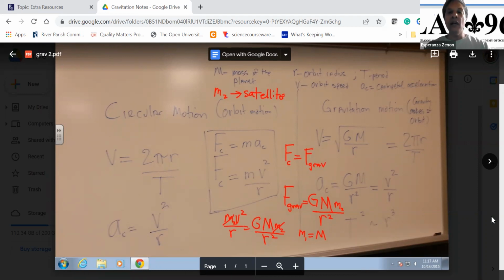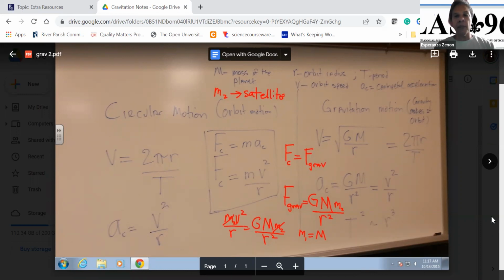On Tuesday, I introduced you to 3 of Kepler's laws, and the very last one, Kepler's third law, I told you was what Newton used to help figure out the gravitation relationship. Okay, and so that last one, the period squared is proportional to the radius cubed, comes right out of Kepler's third law. So now you have the connection between circular orbit motion and gravitation orbit motion.